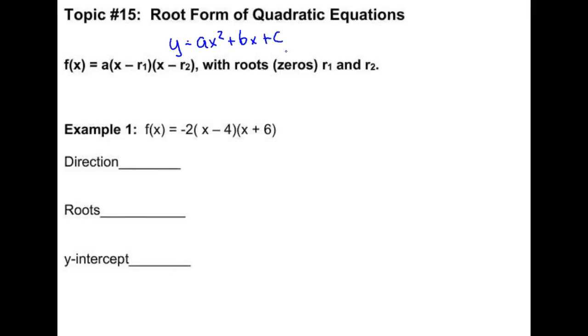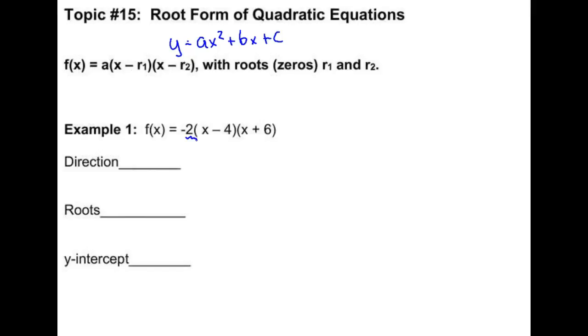Okay. What we're going to do is take an example, number 1, and try to figure out everything. Example number 1, the equation is f of x is equal to negative 2 times the quantity x minus 4 times the quantity x plus 6. All right. First question to ask us, what is the direction of this parabola? The direction of the parabola is determined by this term here.